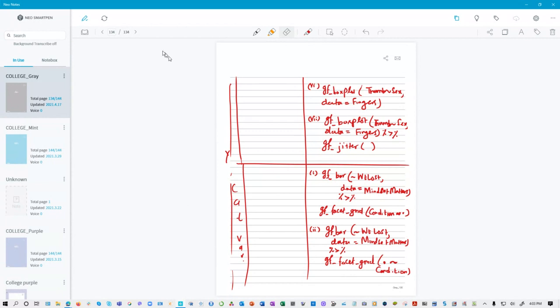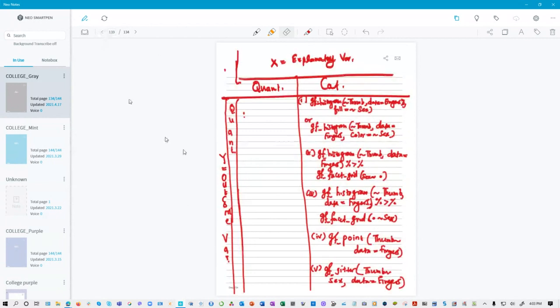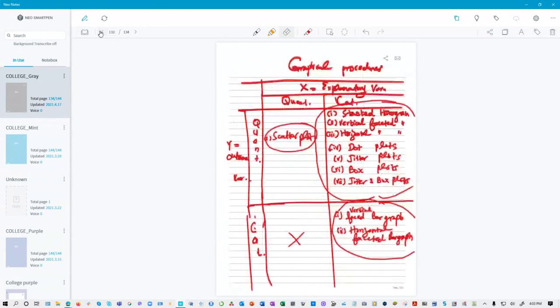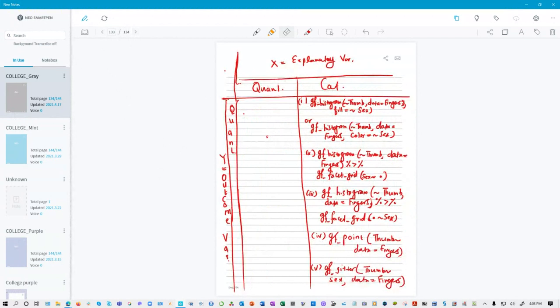Okay, and draw this graph, and then I'm going to add something over here. This side is quantitative, this side quantitative too. The x variable, count. That one I'm going to give you ahead of time too, how to get the scatter plot. Can you remember? There you have a scatter plot. Let's see how to get the scatter plot too.